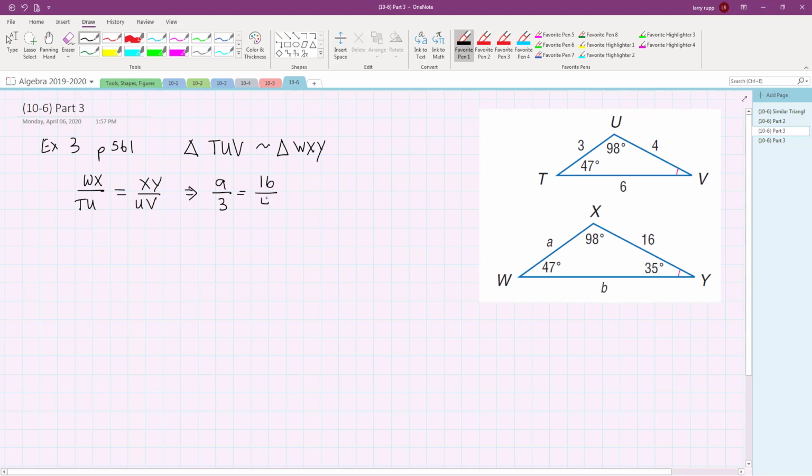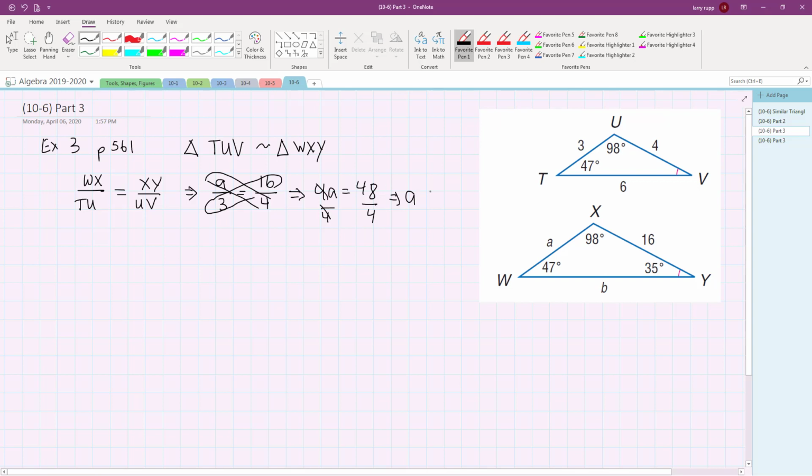We do some cross multiplication, okay, just like this, and it becomes over here 4A is equal to 3 times 16, which is 48. We divide both sides by 4, okay, and that becomes A. This goes to 1.